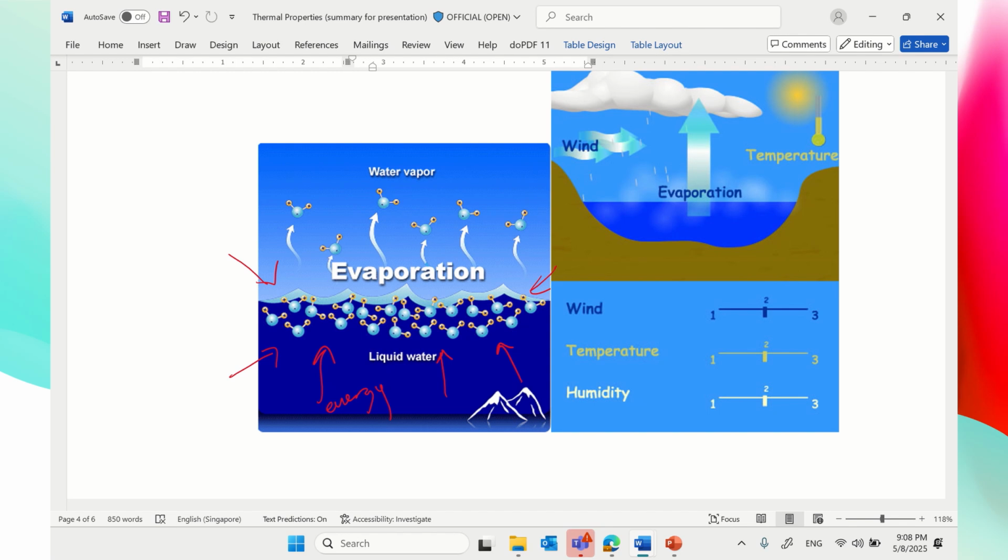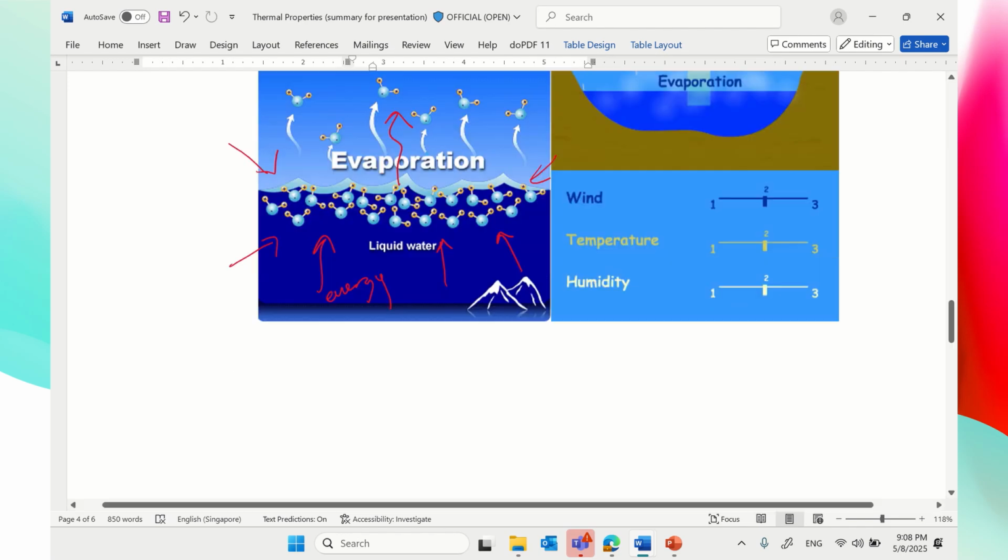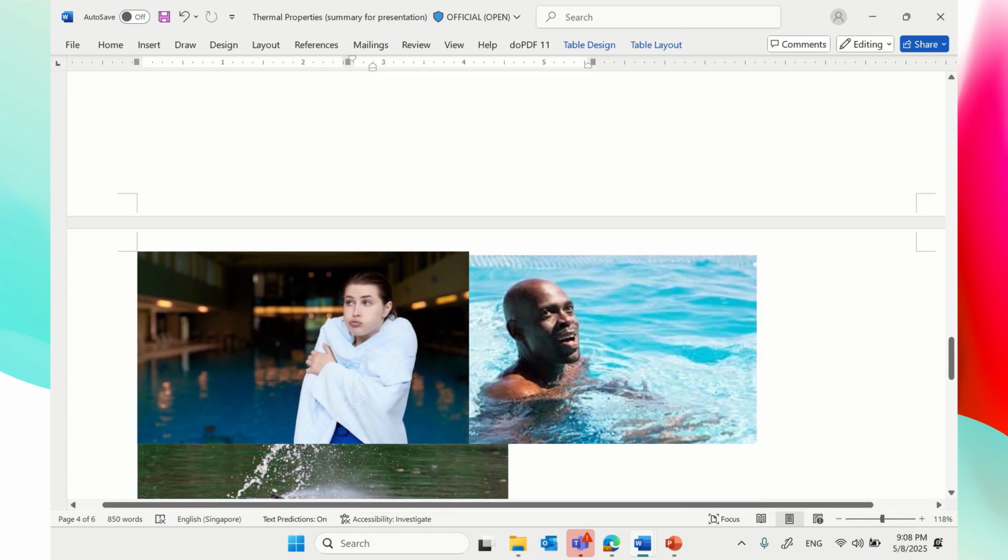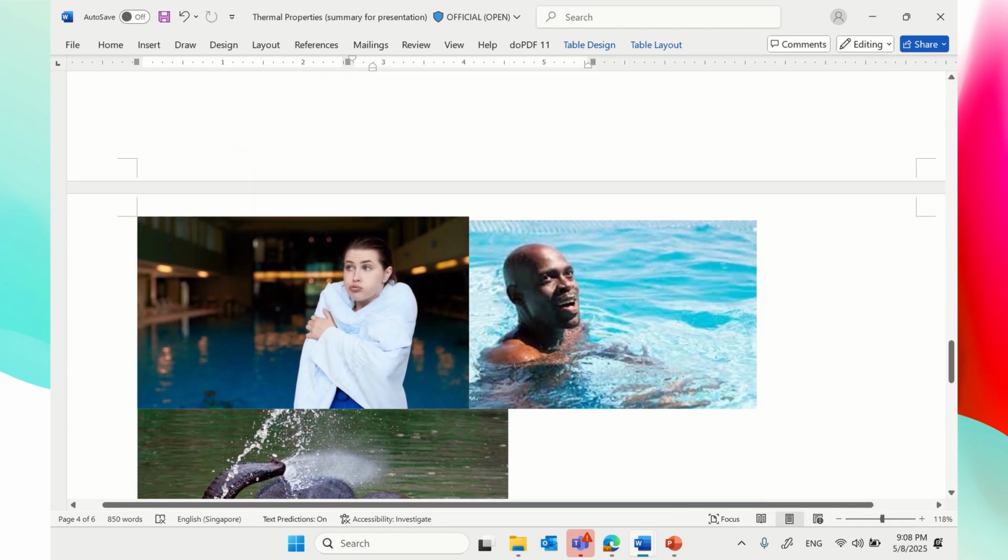When it absorbs enough, for it to escape, it will escape into the air and disappear. All right? Now, knowing that, that's why when comparing yourself in the water and out of the water, you will feel colder when you are out. Outside the water, you are colder.